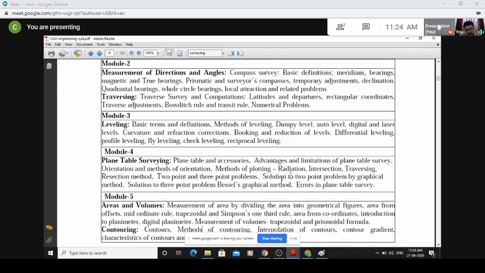I'm not talking only about fixed shapes like rectangles. When you become a civil engineer, you will not always deal with a rectangle or a square or some fixed shape like a circle. You have to measure some odd shapes, and you need to get the area of that particular land.